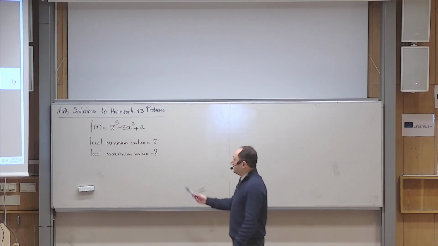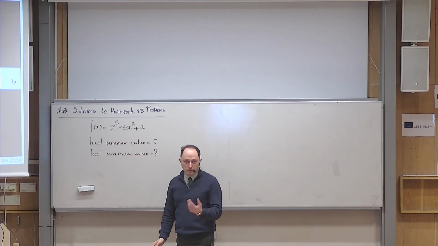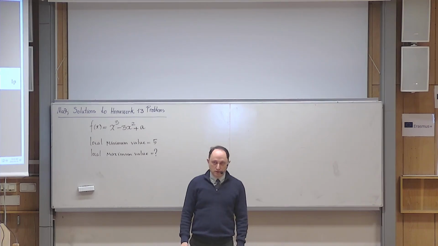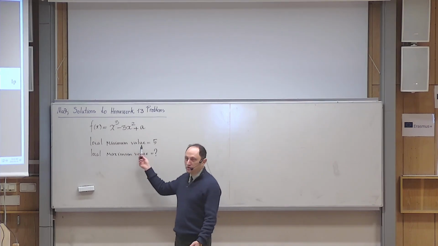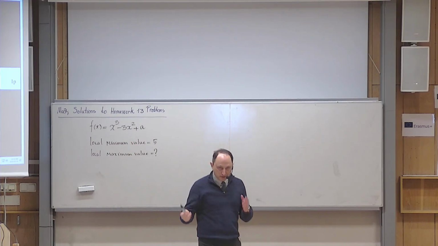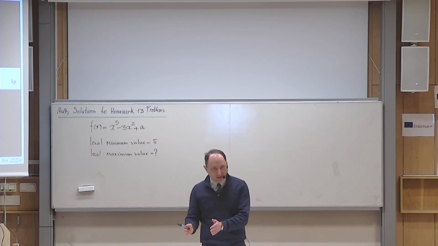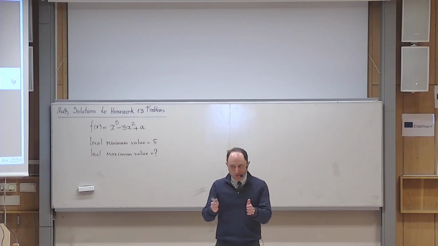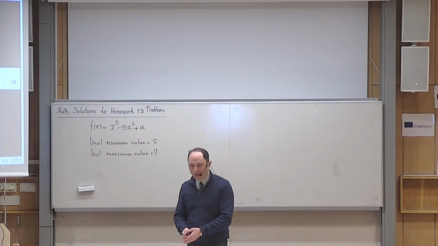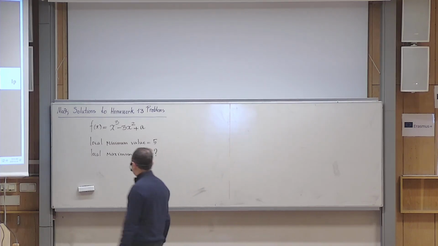And they have given you something: the local minimum value is 5. So this is one piece of information. The logic is to use this piece of information to find your unknown. This should come to your mind in a matter of seconds. This is the way you have to think. I'm not saying that if you succeed in thinking this way, the problem becomes extremely simple. It is still a problem, but you know what to do.